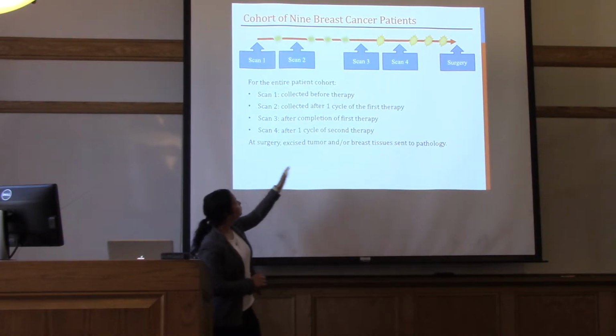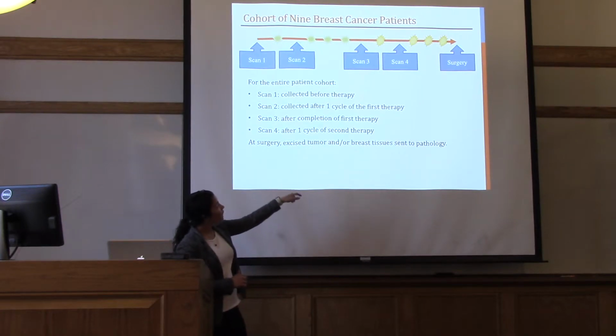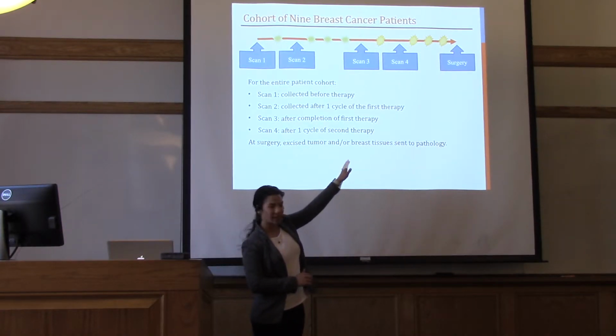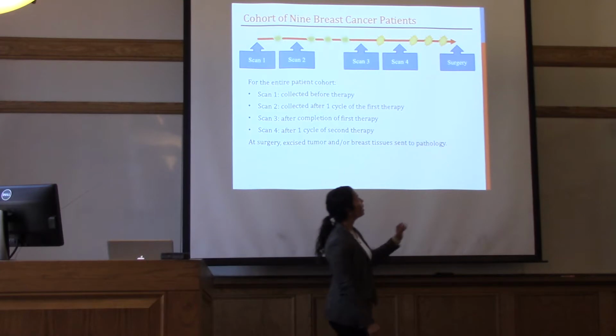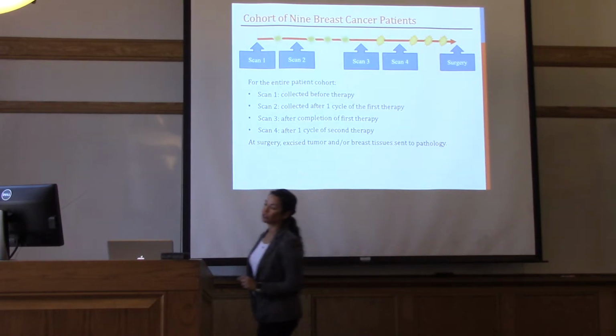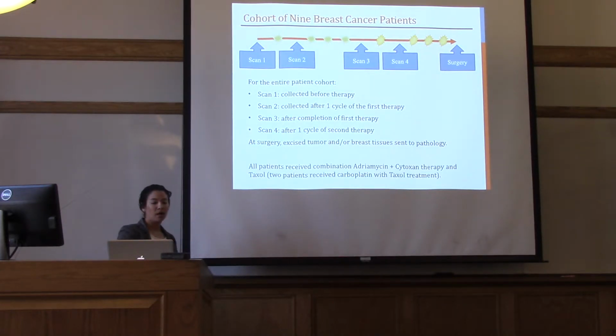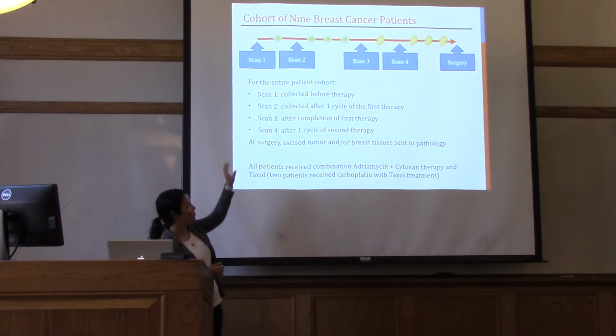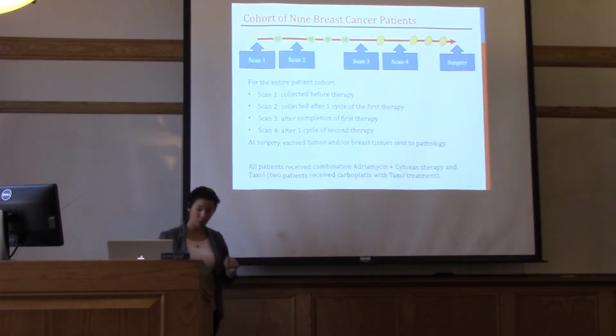Scan 3 is at the completion of that first therapy. And then scan 4 is after 1 cycle of the second therapy. And then we also have information from their surgery, their pathology report. For those of you curious or know cancer stuff, these patients received AC and Taxol, so AC first or Taxol first depending on, and 2 of the patients received carboplatin.